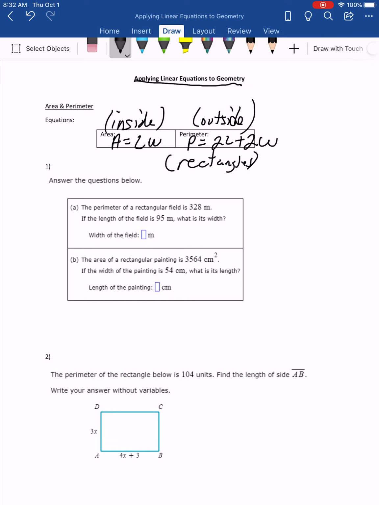Perimeter of a rectangular field is 328 meters. If the length of the field is 95 meters, what is the width? All right, so we are dealing with perimeter here, so we need the perimeter equation.